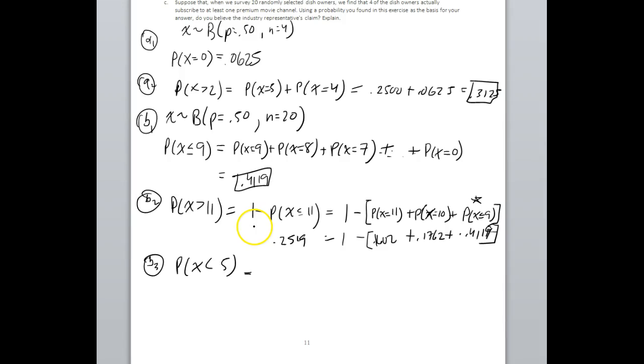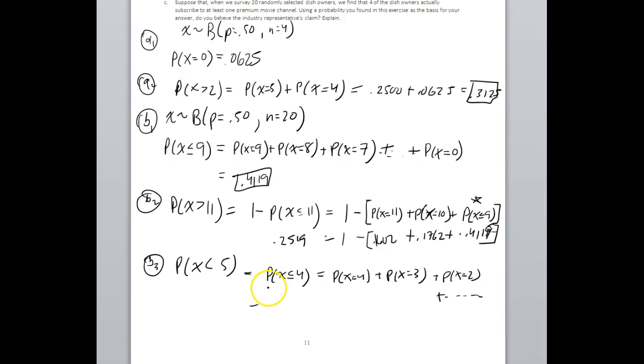I would just call it the probability that x is less than or equal to 4, which is really just the probability that x is equal to 4 plus the probability that x is equal to 3 plus the probability that x is equal to 2, all the way on down.